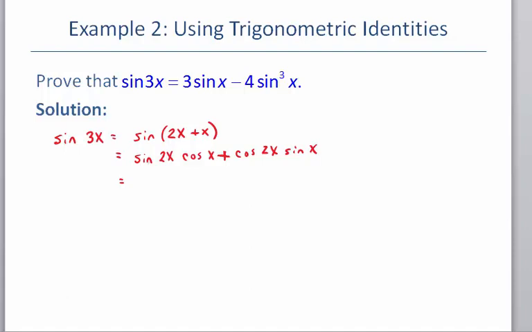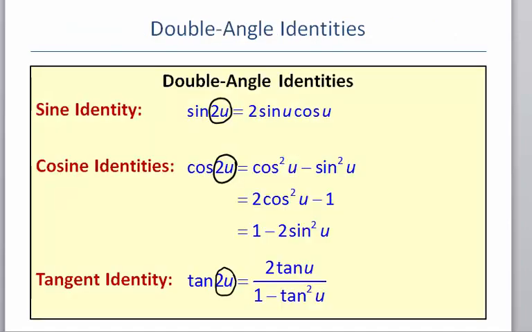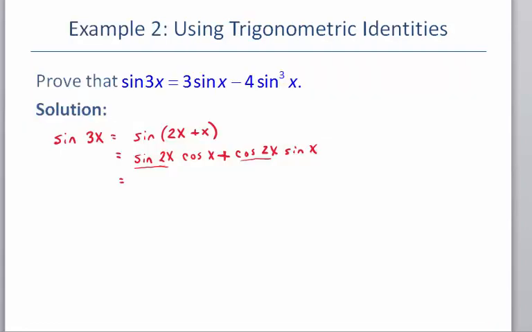Now, even further than that, we now have formulas to plug in for sine 2x and formulas to plug in for cosine 2x. So let's go ahead and apply those as well. So our formula for sine 2x is 2 sine cosine. Okay, and then we still have this cosine that I'm going to bring down.